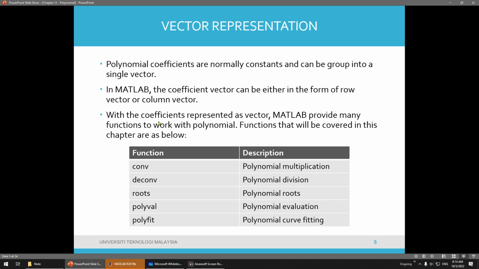So with the coefficients represented as a vector, you can provide a function with the polynomial. So of course, when you have a polynomial, you can do multiplication, division, find the root. Okay, and you can do evaluation and curve fitting. Curve fitting, remember, like I said before.